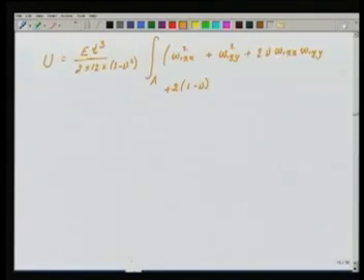Okay. 2 into 1 minus nu into w comma xy whole squared dA.